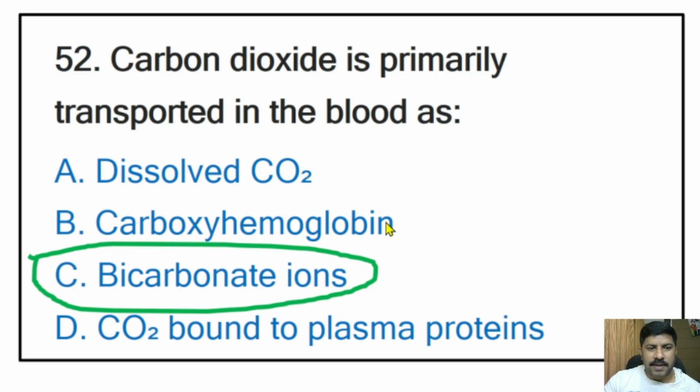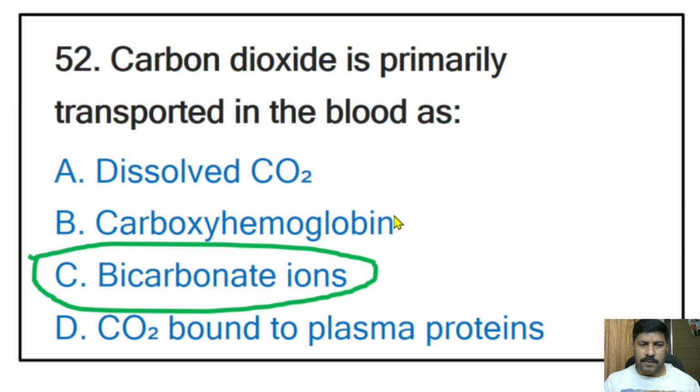Carboxyhemoglobin means it is not carbon dioxide binding to hemoglobin. It is carbon monoxide bound to hemoglobin, known as carboxyhemoglobin. The other term, carbaminohemoglobin, is carbon dioxide combined with hemoglobin.